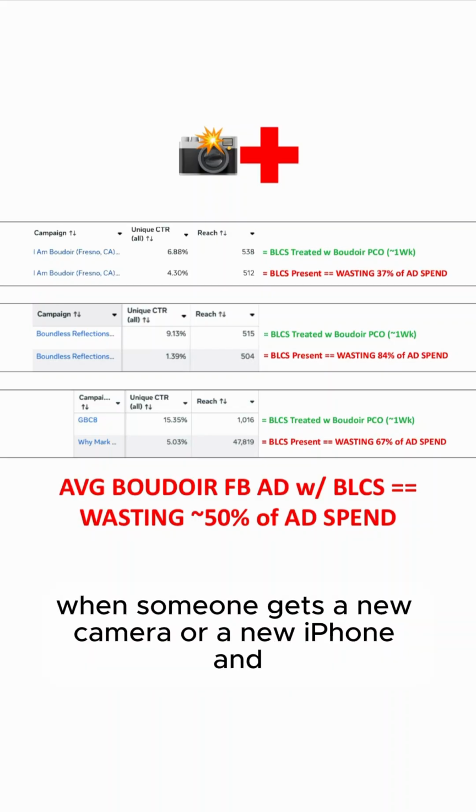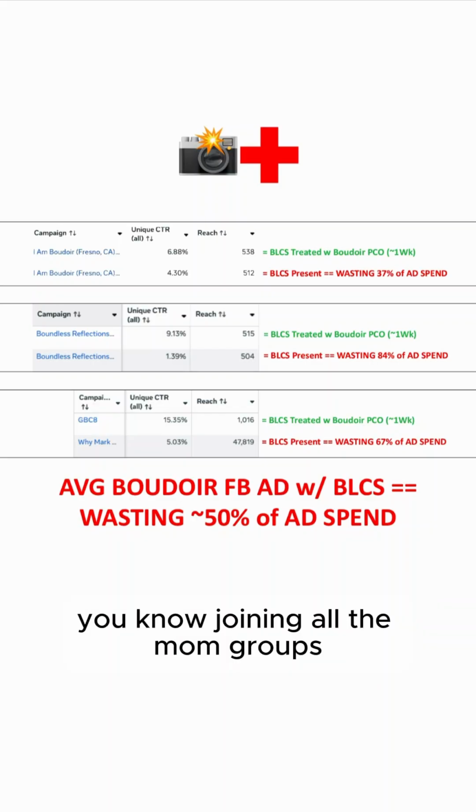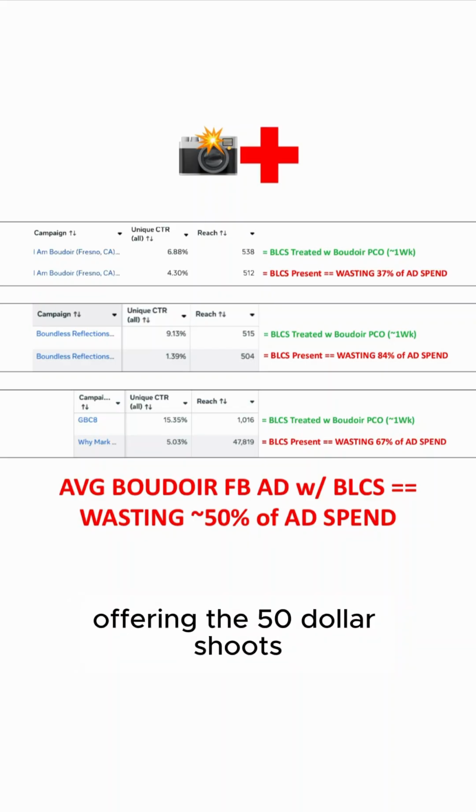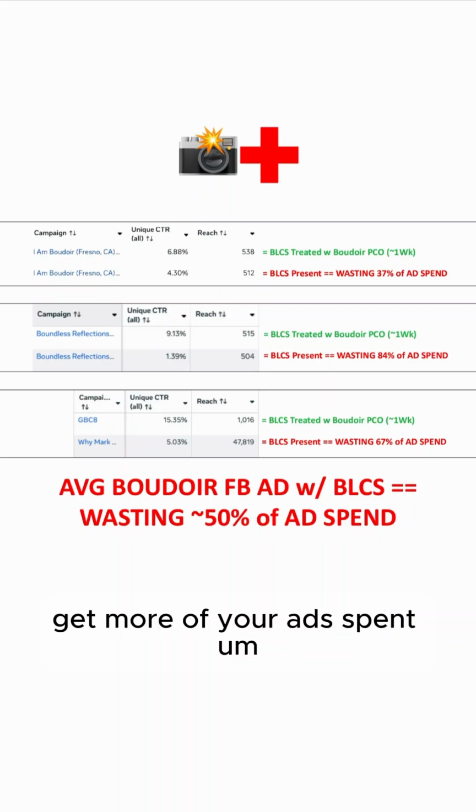It seems like when someone gets a new camera or a new iPhone, they're joining all the mom groups, offering the $50 shoots. But you want to pull more profit out, get more optimized, get more out of your ad spend.